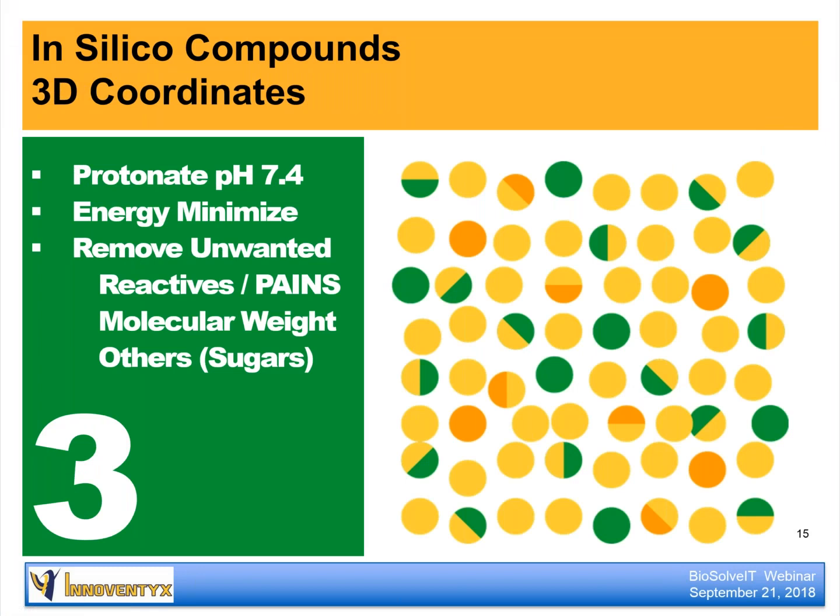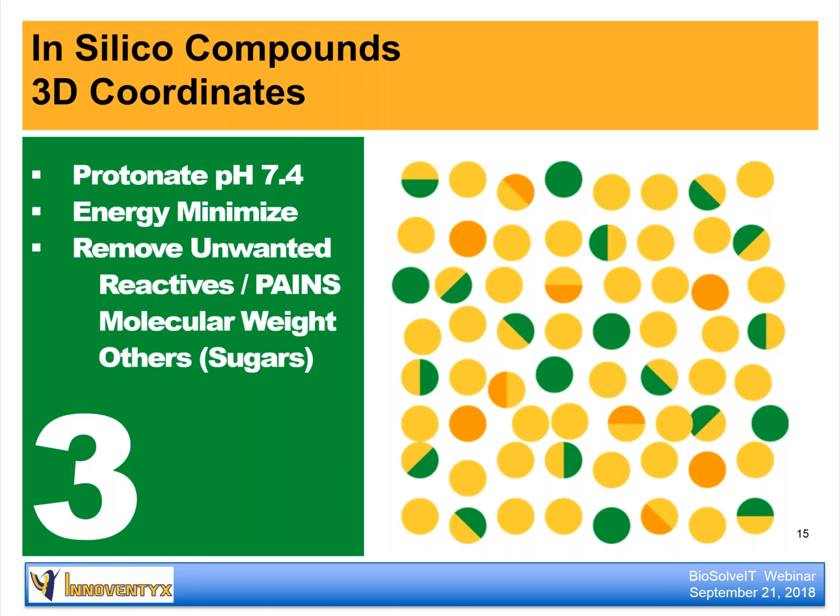Now, when we take these virtual libraries, we have to create the 3D coordinates of every single entity, every compound in it. And there's a little work that we need to do here to make sure that we have a high quality virtual library. These compounds are going to eventually be in solution because they're going to be tested in enzymatic assays and cell-based assays.